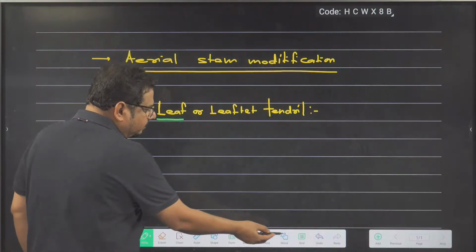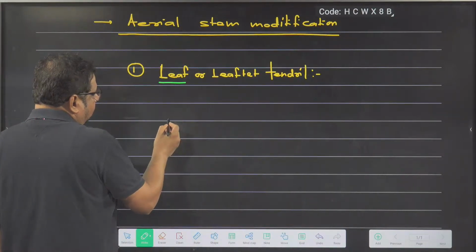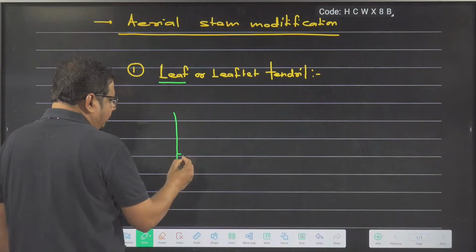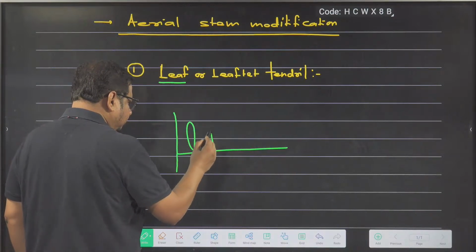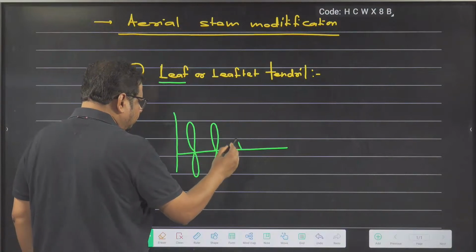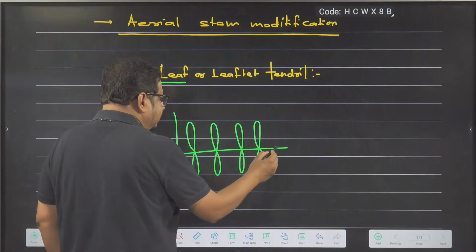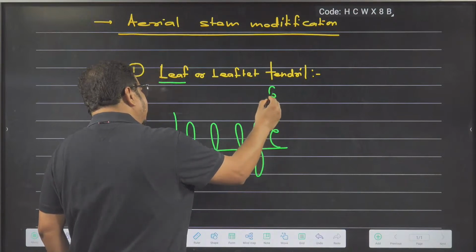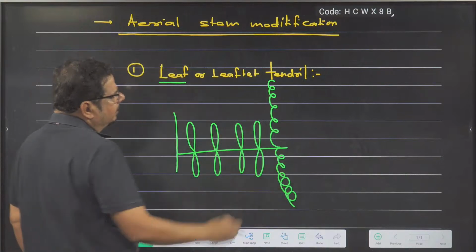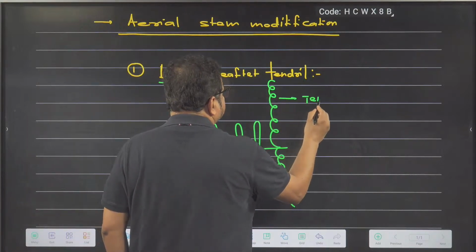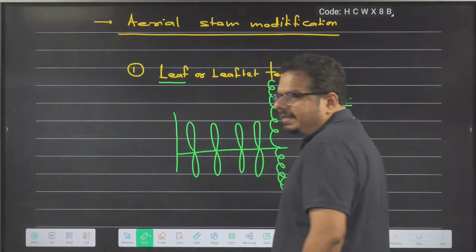Have a look here. What I am saying here, suppose that it is a leaf of a pea plant. What we find in the pea plant is that the upper leaflet is going to convert into tendril.